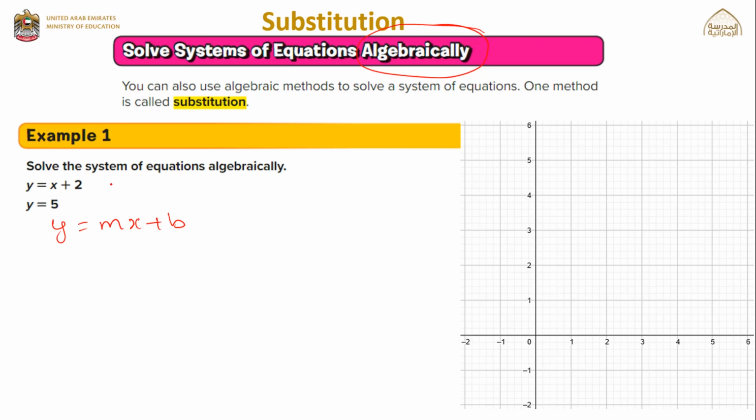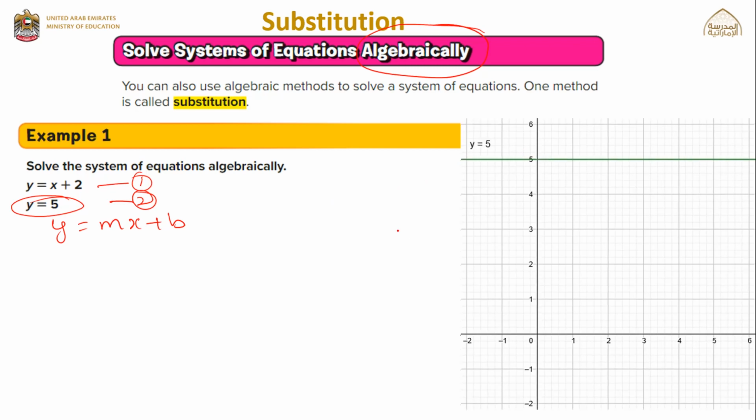If I label the equations as 1 and 2, the second equation is easy to plot and draw on the graph: y equal to 5. On the y-axis, at 5, you will draw a line. And we are going to do this algebraically and find our solution graphically using the prior knowledge.